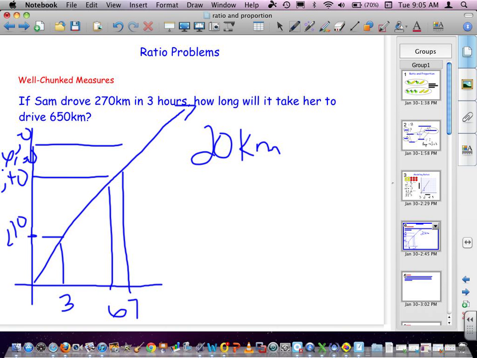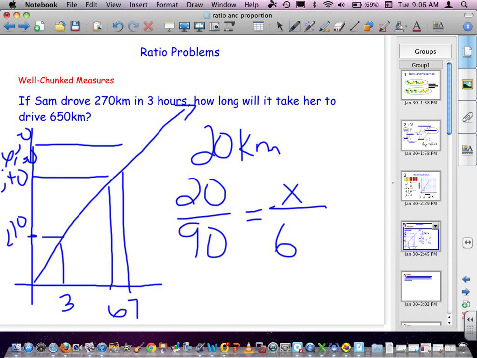So which one do you like? 20 kilometers divided by 90. Why? Okay, so what you're saying, if we think about this proportion, the time I take, I can go 90 kilometers in what time? 1 hour, which is how many minutes? 60 minutes.